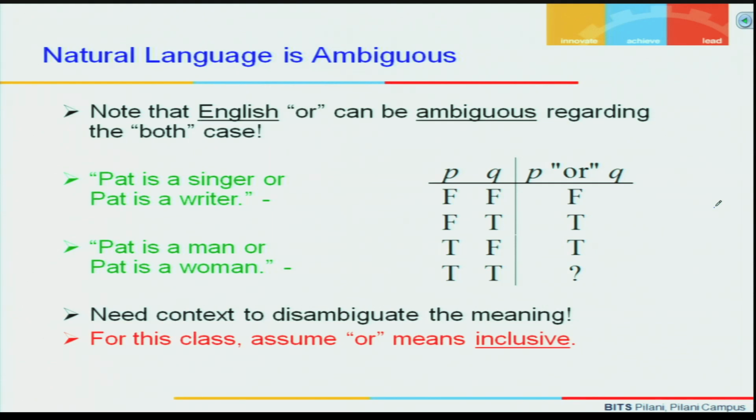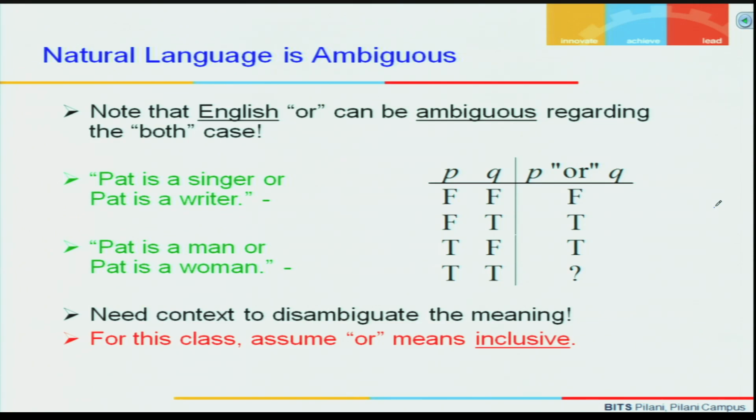But if somebody comes and says that Pat is a man or Pat is a woman, then I will have only two possibilities. What are they? Pat is a man or Pat is a woman. He cannot be both. This I don't consider. So basically, natural language OR is used a little bit loosely. You take into consideration the situation, context and all to see whether both being true is a case or not.